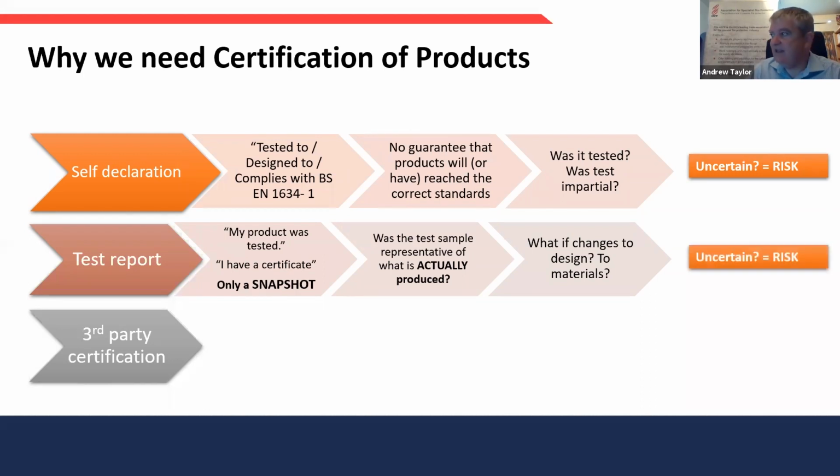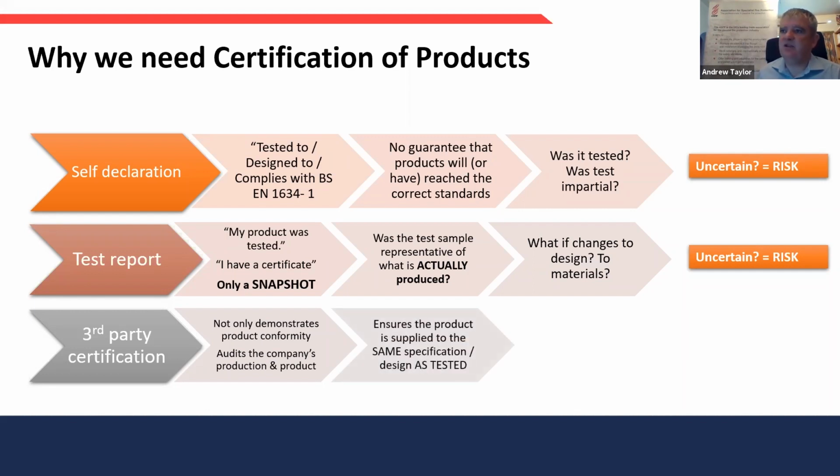And therefore you still have a level of risk. But third-party certification not only demonstrates the product's conformity, but there are ongoing audits of the manufacturer's production going forwards. And so that ensures that the product is the same specification and design as that tested and has the same performance as that tested. And so that's the only route to confidence.